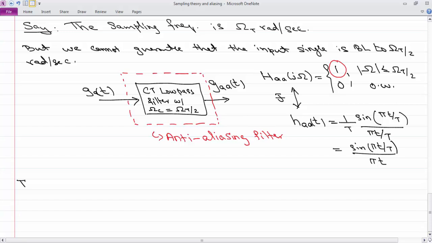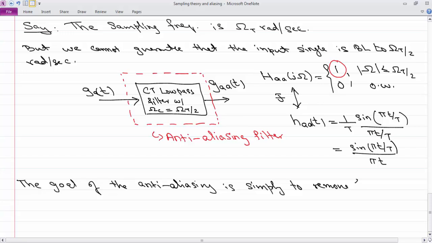The goal of the anti-aliasing filter is simply to remove frequencies higher than omega T by 2.